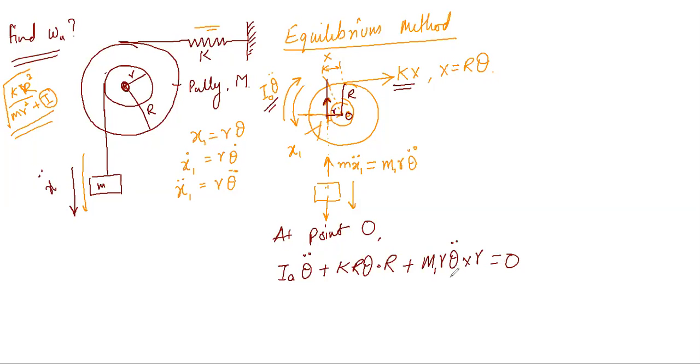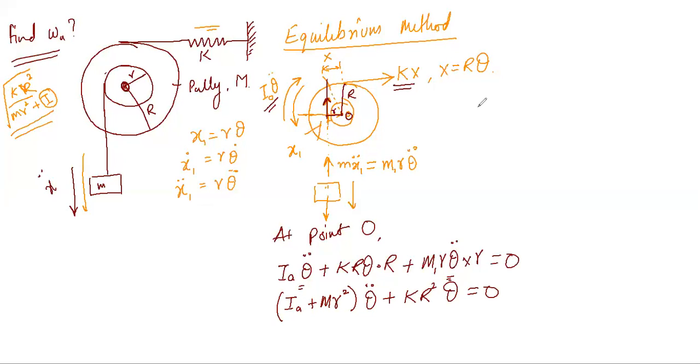So we can see that this theta double dot can be taken common. So we can write I_A plus small m r square theta double dot plus capital K R square theta is equal to 0.